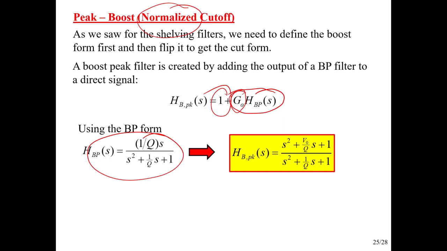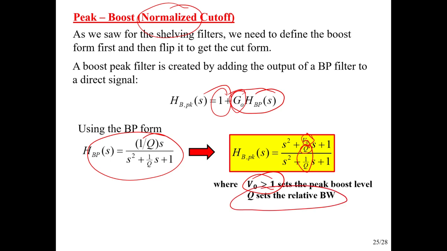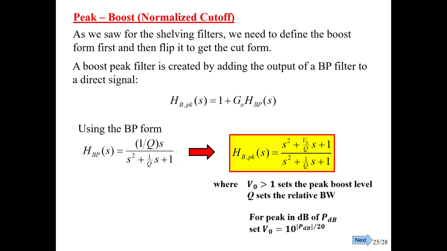Notice that there are two parameters involved here, the gain level and the Q. Q will set how sharp the peak is, as we'll see in some plots. This works for V0, in non-dB, greater than 1, and that's going to set the peak value. And Q is going to set the relative bandwidth.